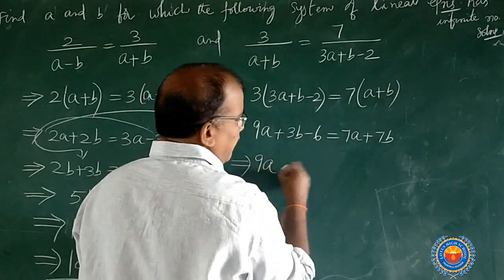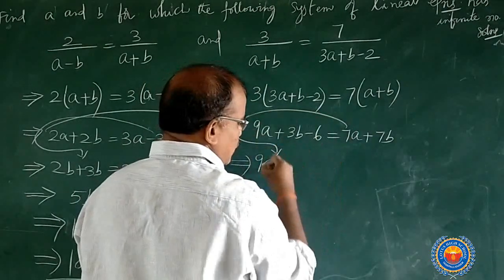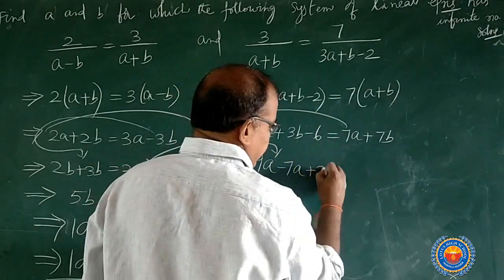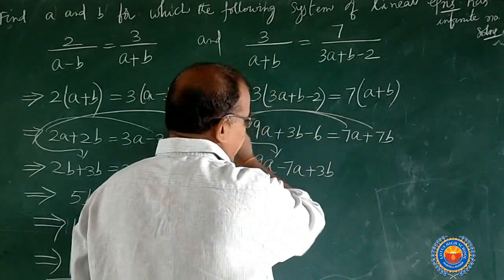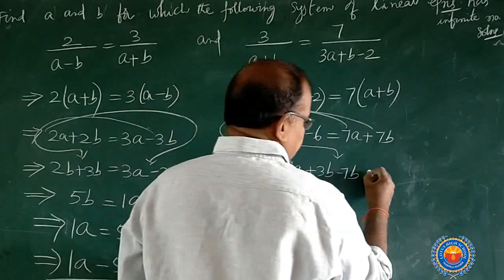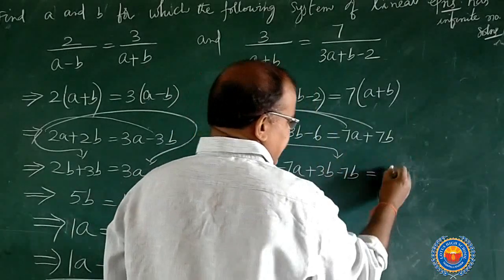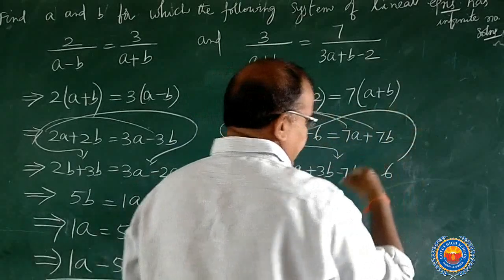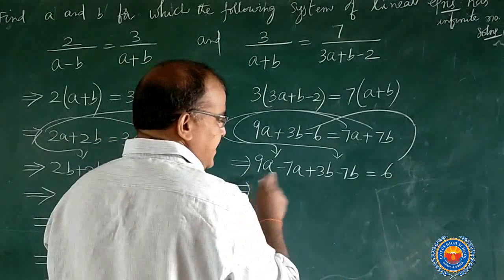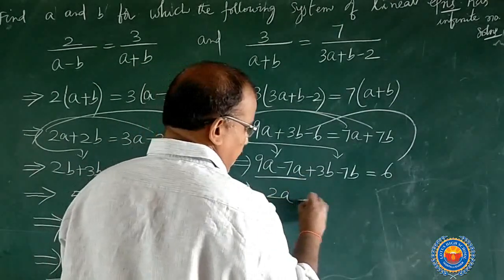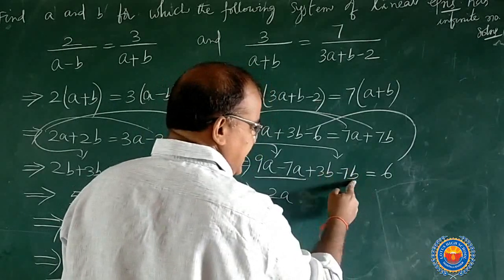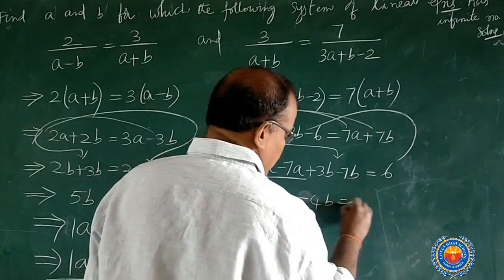9A, this plus 7A will be transposed to minus 7A, this plus 3B, this plus 7B will be transposed to minus 7B, and is equal to, if you want you can take that side, this minus 6 will be that side, whichever way you wish. So 9A minus 7A is equal to 2A, 3B minus 7B is minus 4B, is equal to 6.